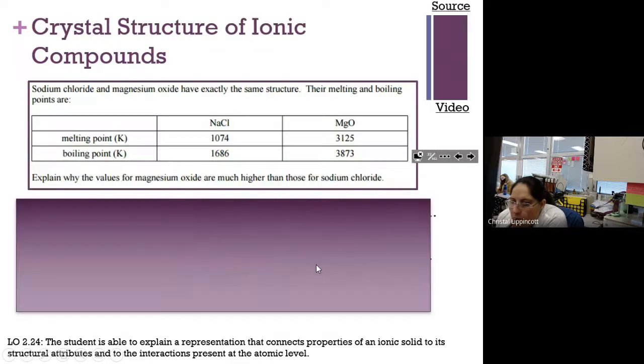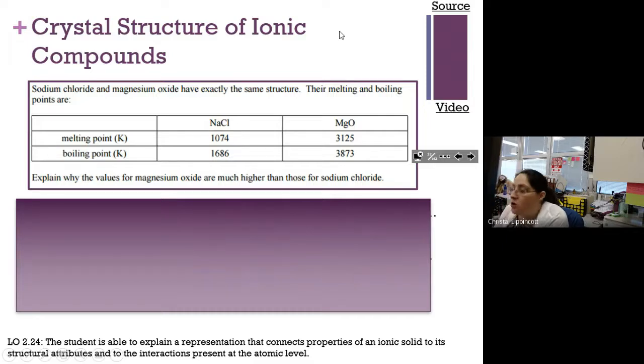Sodium chloride and magnesium oxide have exactly the same structure. The melting and boiling points are given here. Explain the values for magnesium oxide and why they're higher than sodium chloride. Ionic bonds. It has a stronger lattice energy, right? Why does it have a stronger lattice energy?